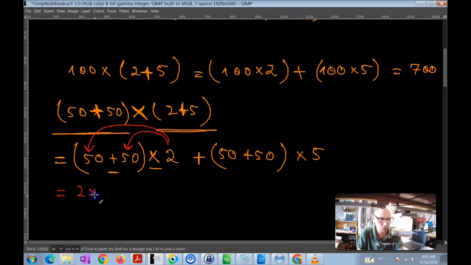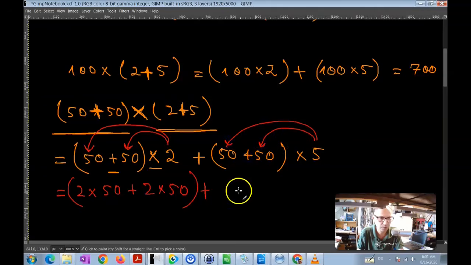So I write this as 2 times 50 plus 2 times 50, right? And then I add to this, again multiplication distributes over addition, 5 times 50, 5 times 50. So 5 times 50 plus 5 times 50.